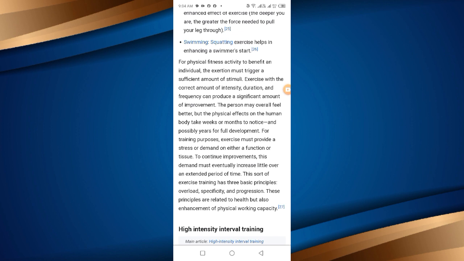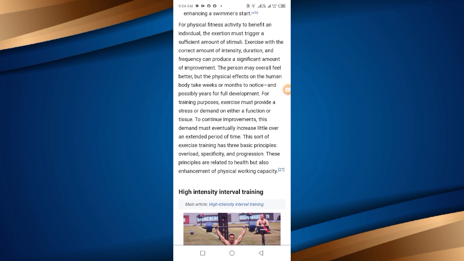The person may overall feel better, but the physical effects on the human body take weeks or months to notice, and possibly years for full development. For training purposes, the exercise must provide a stress or demand on either a function or tissue. To continue the improvement, this demand must eventually increase a little over an extended period of time.